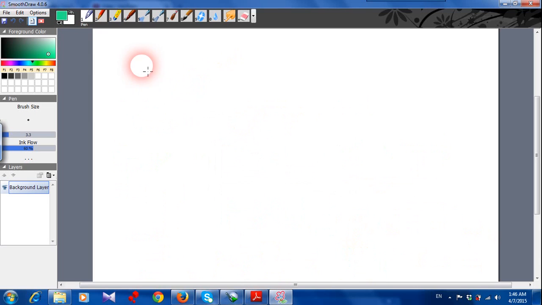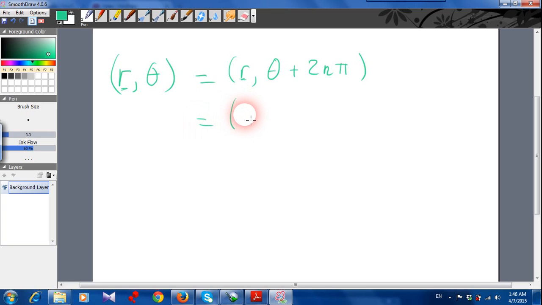So again, we have this formula: 2nπ, and we have another point with r the same, and negative r with theta plus π plus 2nπ. We have another point. It's very quick.